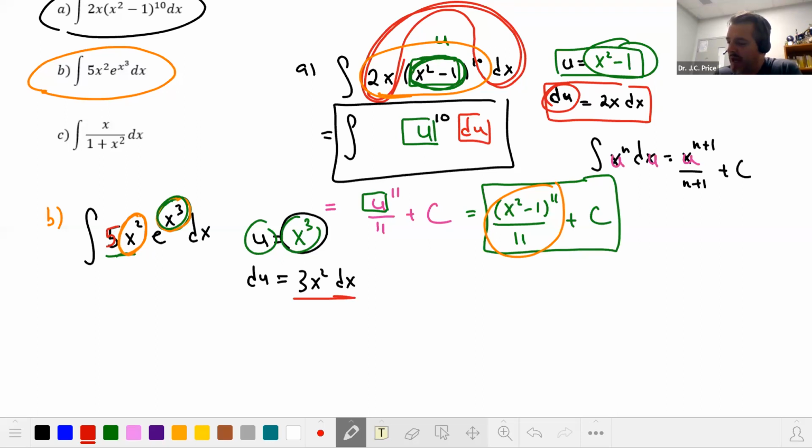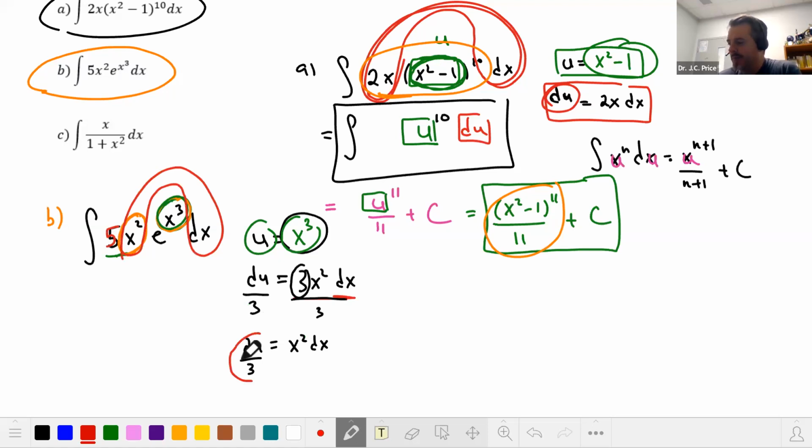So the way you do that is I just get rid of this 3 by dividing it out on both sides. So I'm going to divide both sides by 3, and that makes du over 3 equal to x squared dx. And so I can plug in for this x squared dx right there. That'll be my du over 3.